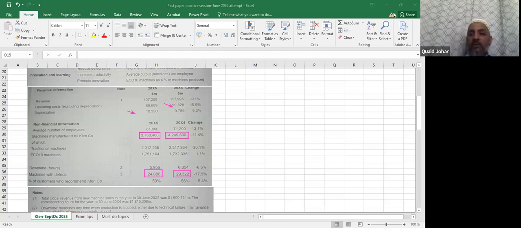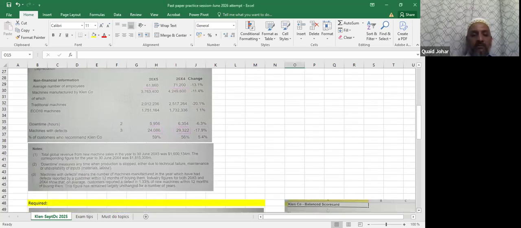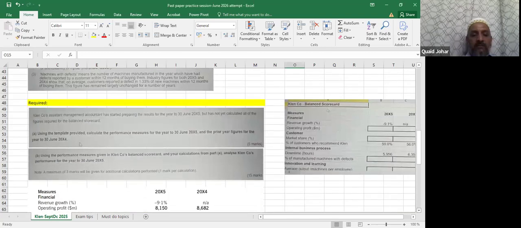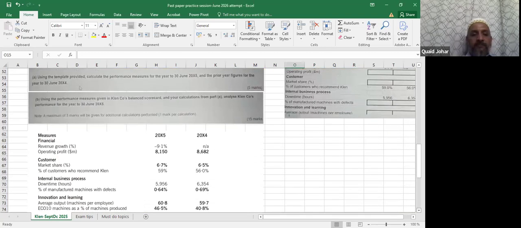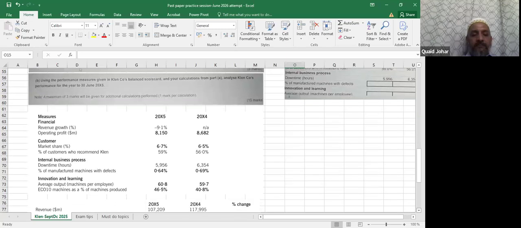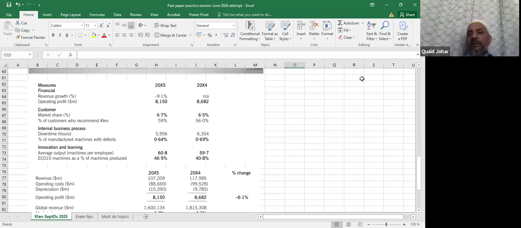Okay, now ये हमने कुछ calculate कर लिए हैं. You can note it down. This working has been done. So you can see the sales given in the question was 117,995.